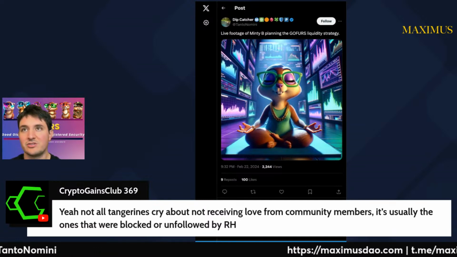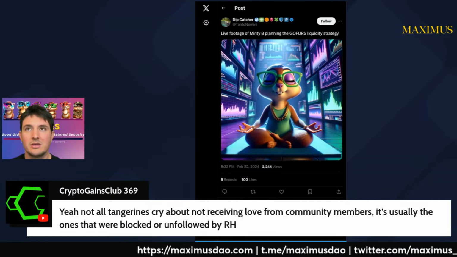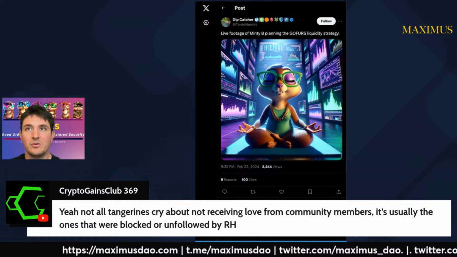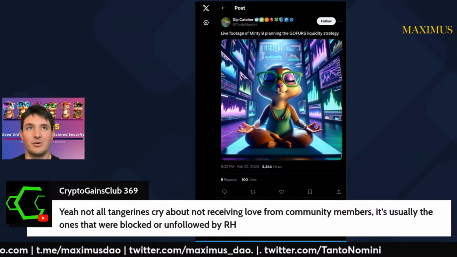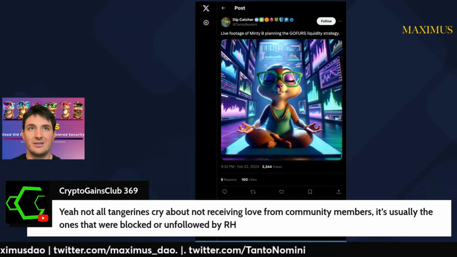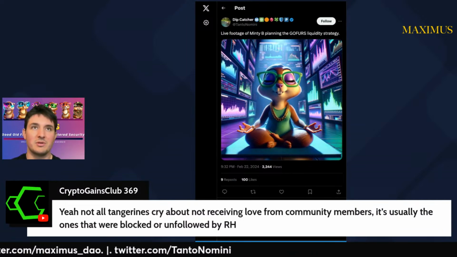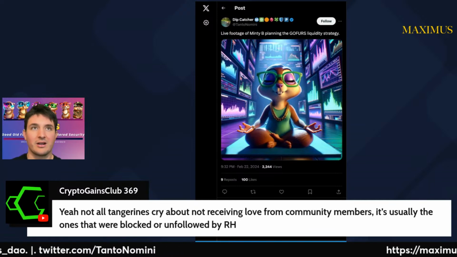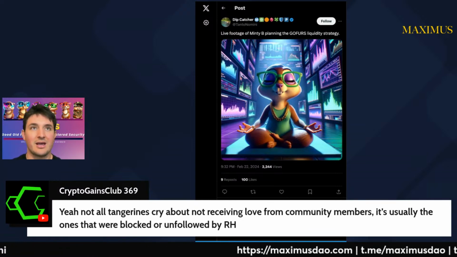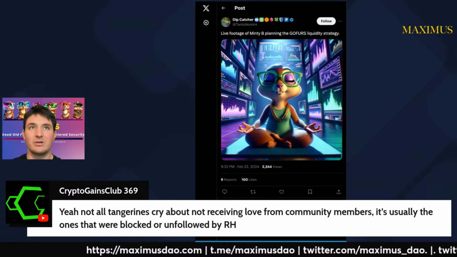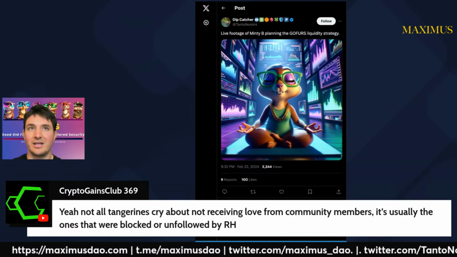Yeah, not all tangerines carved are receiving love from community members. It's usually the ones that were blocked and fall by RH. Yeah, I mean, you interact with the stuff that you have personal relationships with people. There's years of building rapport with certain people, and you of course can't be talking to everyone or interacting with everyone. And so I'm not familiar with everyone's thing that they've got going on. And that's not a hit on anybody.